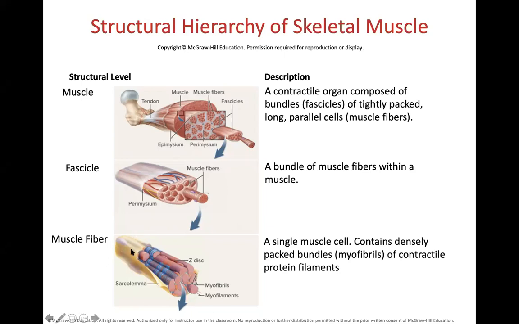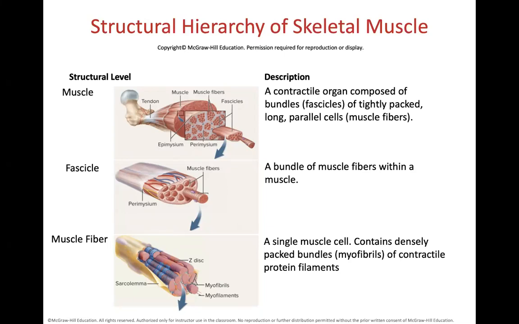This is one muscle cell and it's jam-packed with these myofibrils. There's not a lot of place for cytoplasm, and all the other organelles are kind of smushed up against the sides. So it's a uniquely structured cell, to say the least.